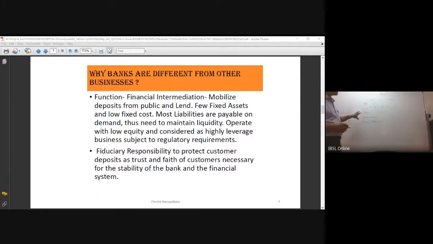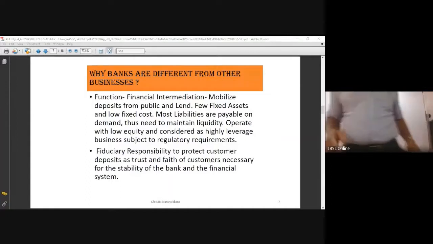Sometimes even the cash is not there because they take an overdraft, so their bank balances are overdrawn. Instead of investments, they have debtors. That means if they have sold anything on credit, they have debtors. Instead of loans and advances, they have heavy stocks which need to be sold. So banks are quite different from a normal enterprise which does trading.